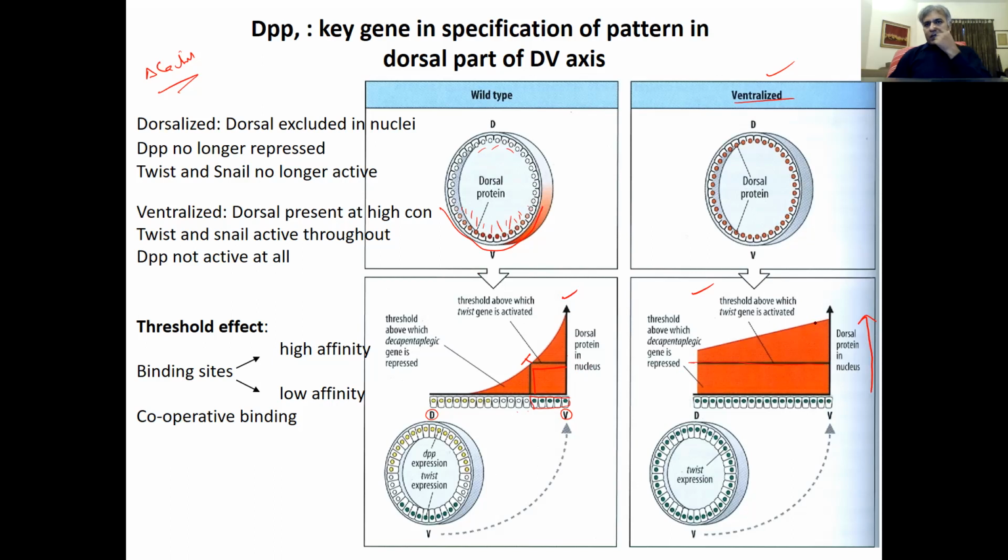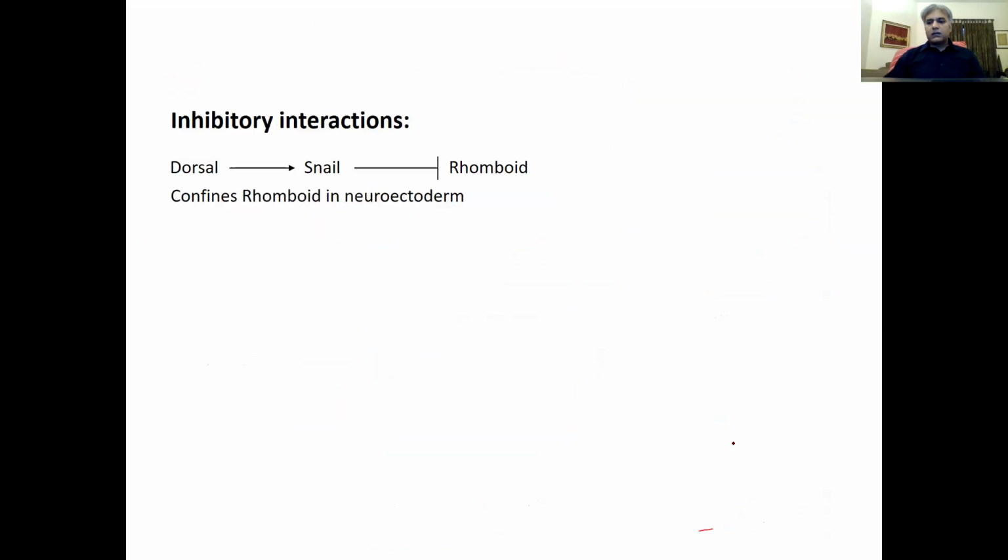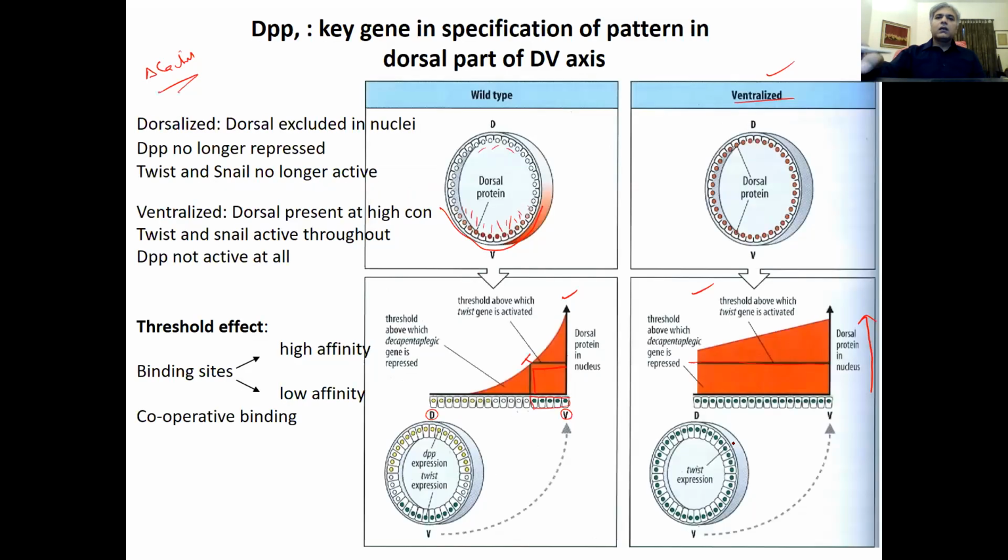When you have more dorsal beyond this threshold throughout, from here all the way to there, you can see dorsal moved into the nucleus. And of course, there's no more dorsal axis. Everything is ventralized.